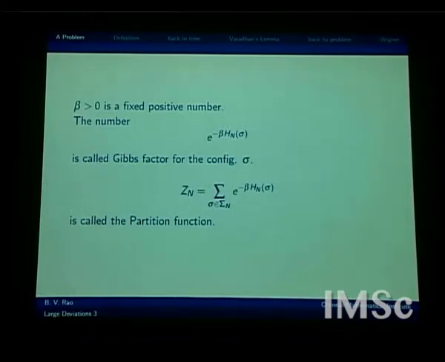Therefore, if you differentiated log of this, then you will get this in the denominator, and the numerator will be the summation of Hn sigma with a negative sign, e to the power of minus beta Hn sigma. In other words, a careful observation would reveal that this is nothing but the average of all the energies with a negative sign.